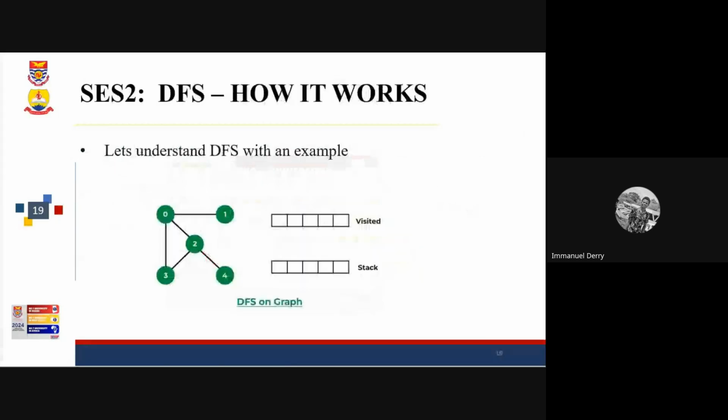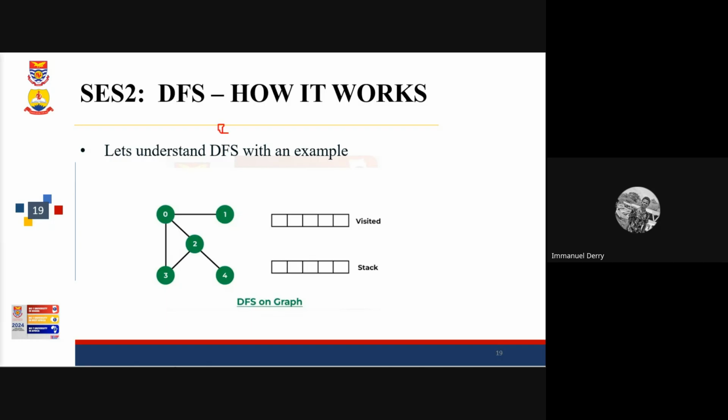So this is an example graph that is being given to us, and we are asked to traverse the graph from 0 up to 4. We have to keep our open and closed list to keep track of those nodes we have visited and those we are yet to visit.